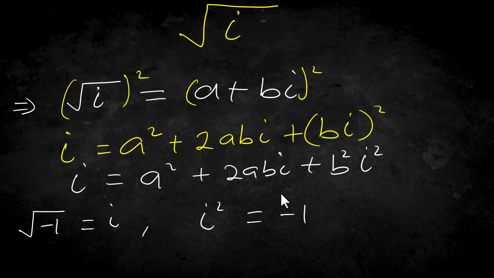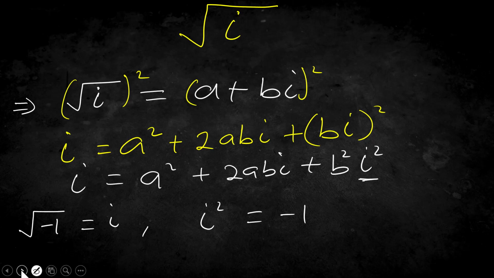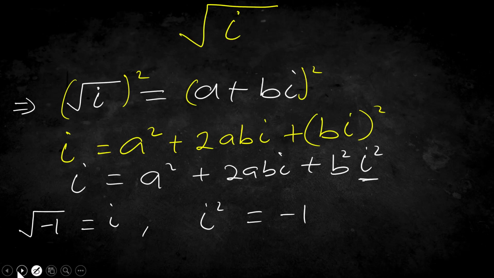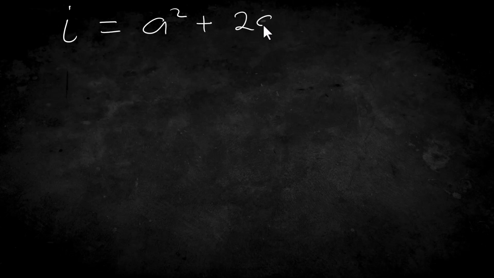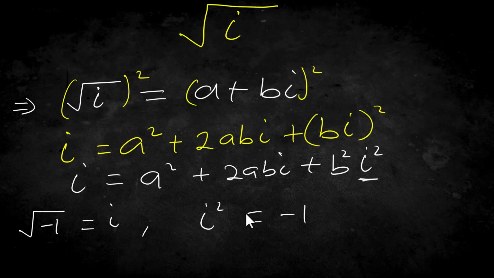Now from here we can arrange this. So we have i squared here and it's -1. So we have i equals a squared, let me repeat that, plus 2abi, plus b squared i squared, but i squared is -1.